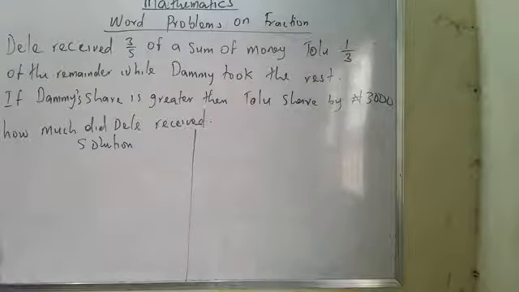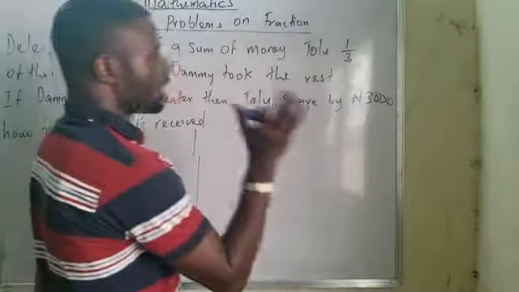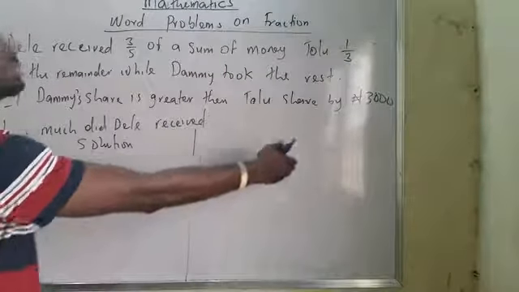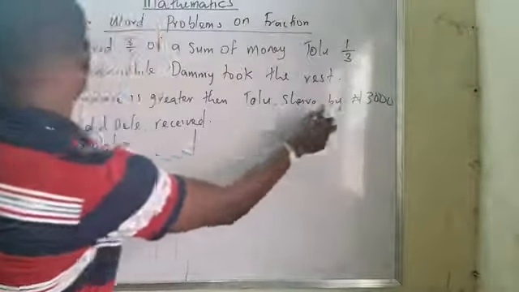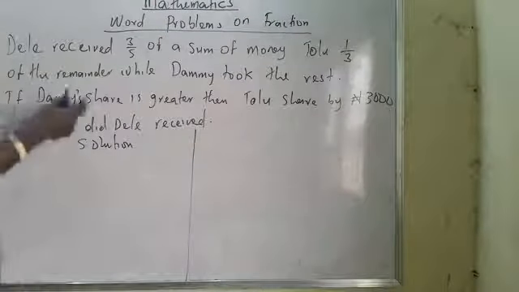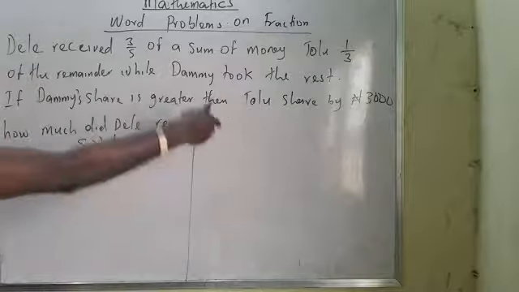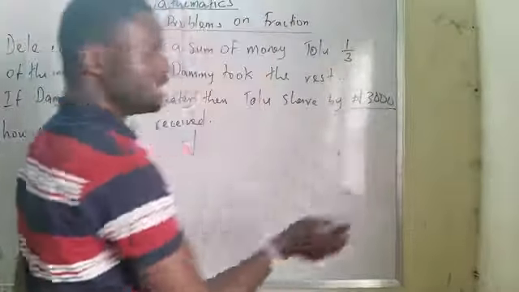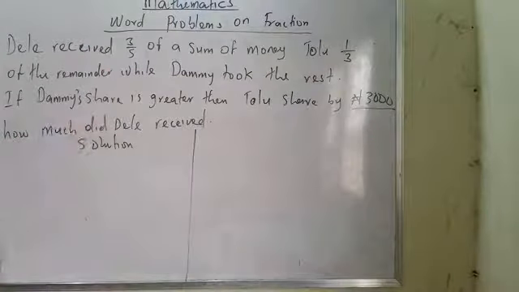The amount of money is not given. This 3,000 is the difference between Dami's share and Tolu's share. It is not the amount of money they are sharing. Three of them are sharing. That is very, very important.